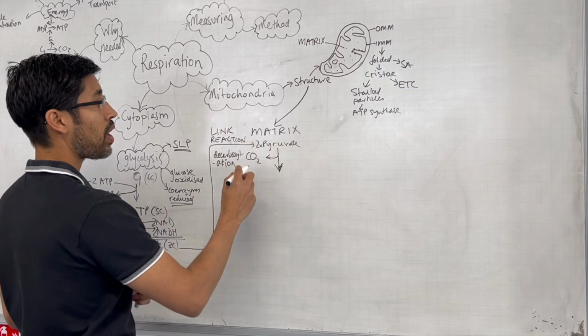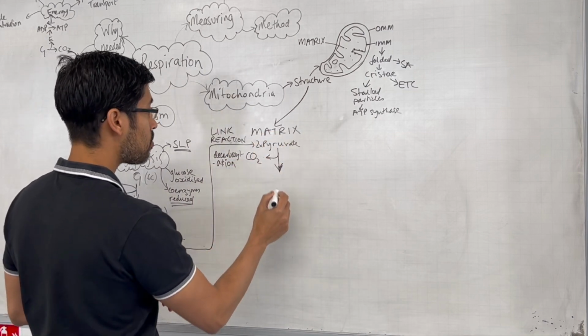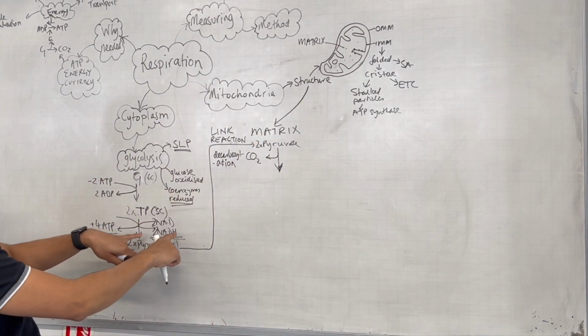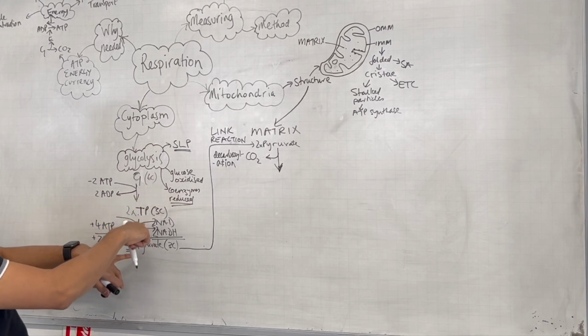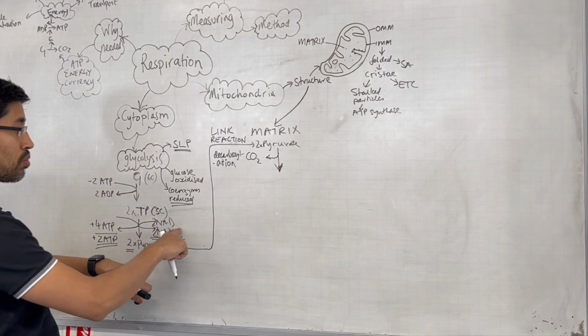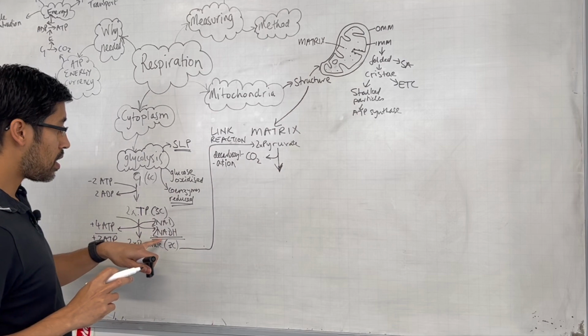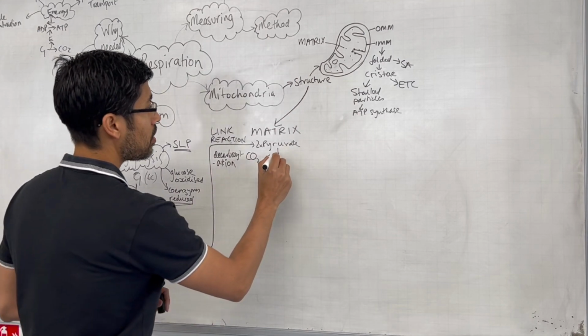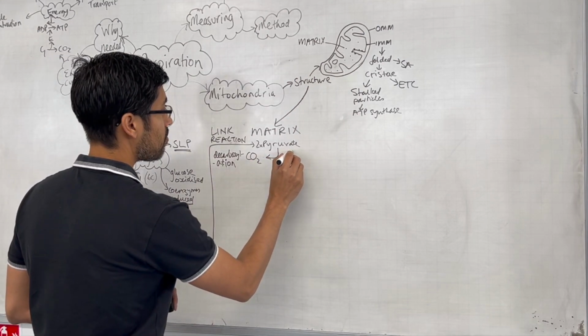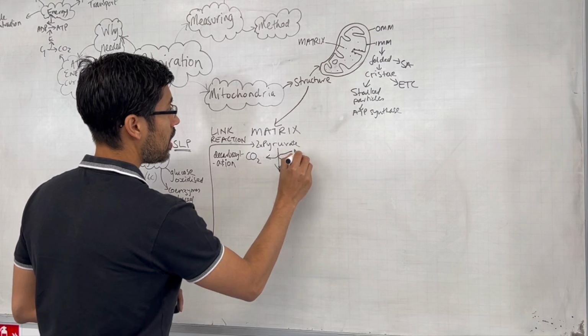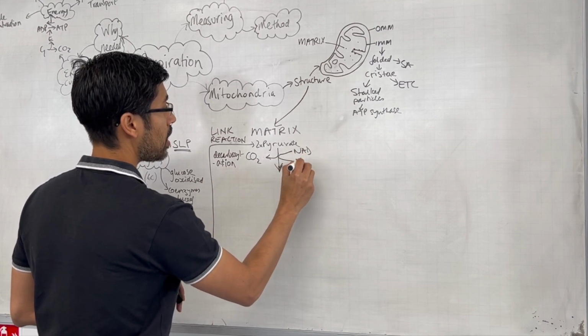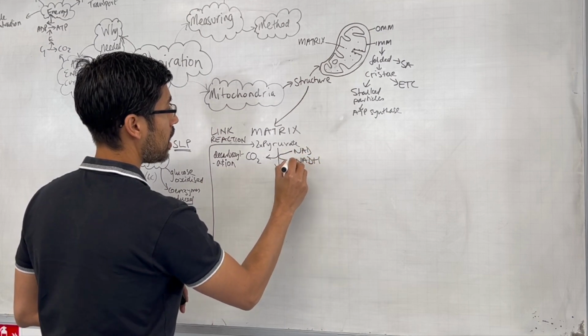We also have a dehydrogenation. That's not the first time that happened. Triose phosphate was dehydrogenated to produce the NADH. So again, we're going to have some NAD becoming NADH.